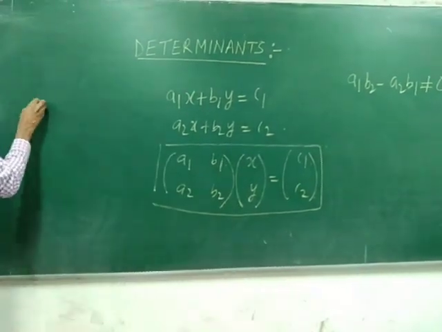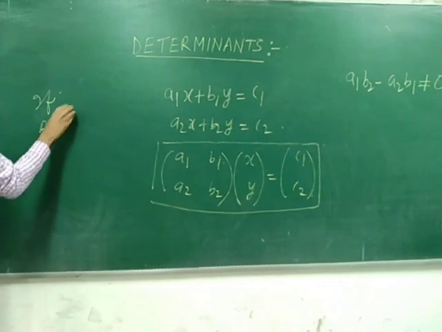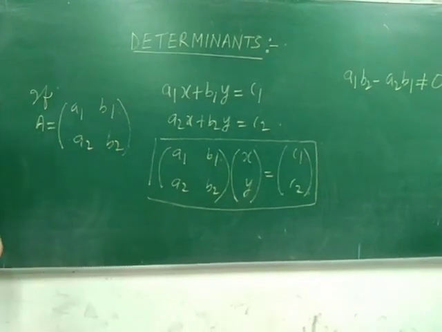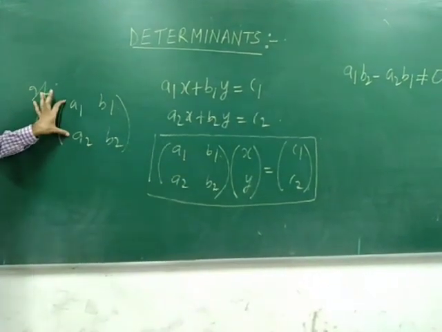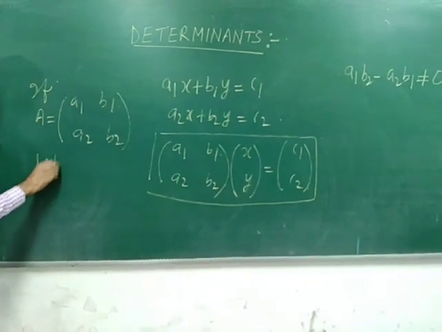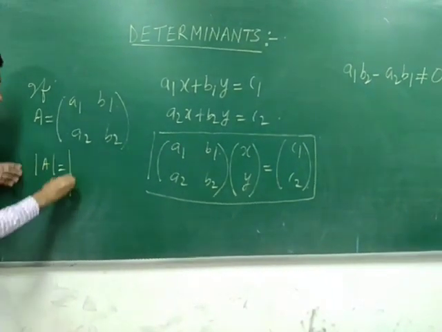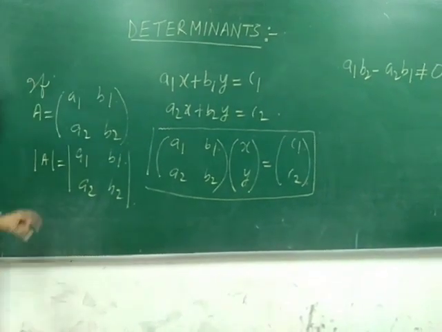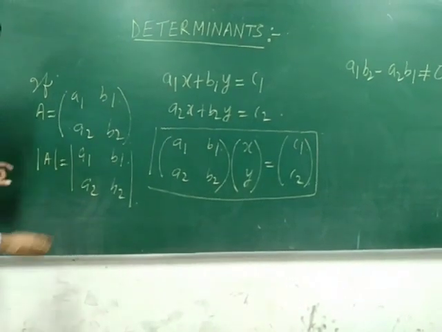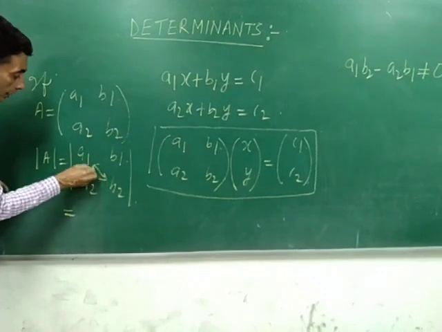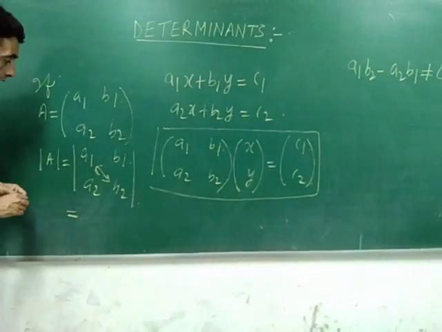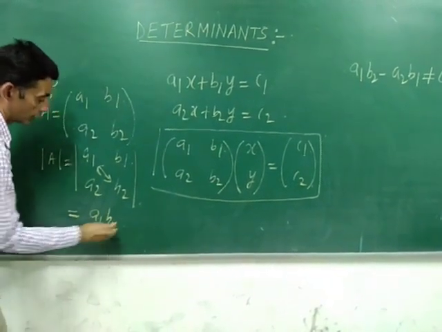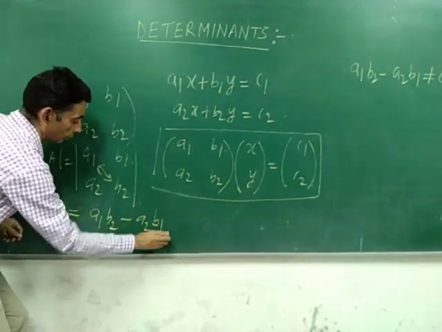That means if A equals the matrix a1, b1, a2, b2, then the determinant of this matrix is denoted in this way, and if we expand this determinant, we first multiply a1 with b2, a1 b2 minus a2 b1.